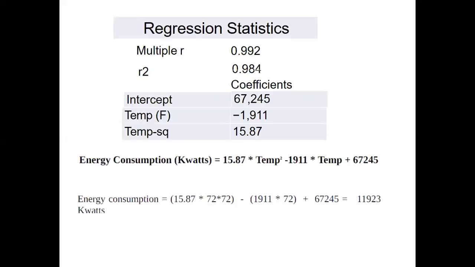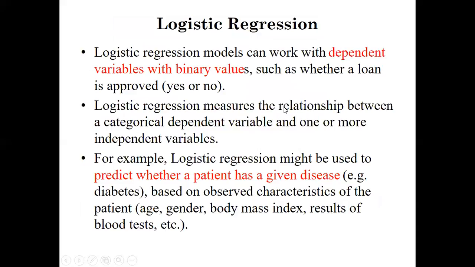Next we move on to logistic regression. Logistic regression traditionally works with continuous numerical data for both dependent and independent variables. Actually, the logistic regression model can work with dependent variables that have categorical values.